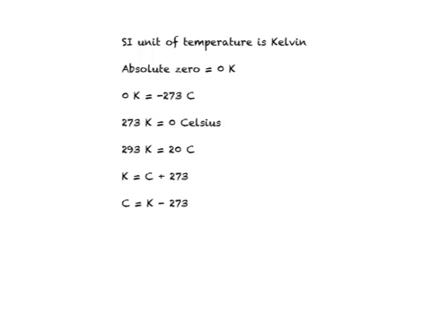That's room temperature, about 70 degrees Fahrenheit. If we want to convert Kelvin and Celsius, it's really simple. If you want Kelvin, you take your Celsius temperature and add 273 to it. If you want Celsius, take your Kelvin and subtract 273.